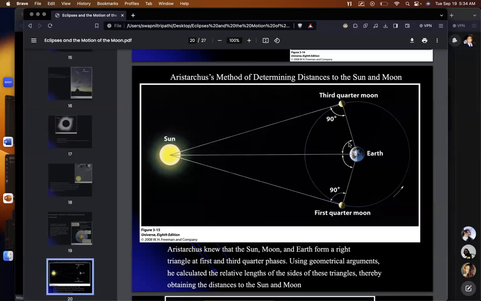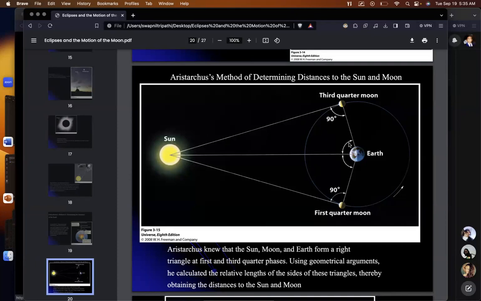And because the sun and the moon look almost equal size, that means that the sun has to be 20 times as big in diameter as compared to the moon, for it to be 20 times further away and still look the same size as the moon. So that's how we approximated the relative size of the sun and the moon.